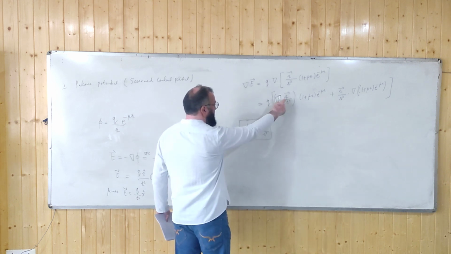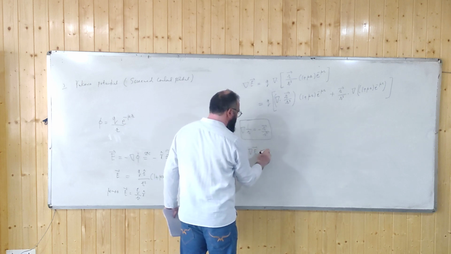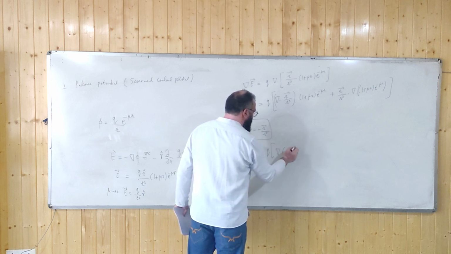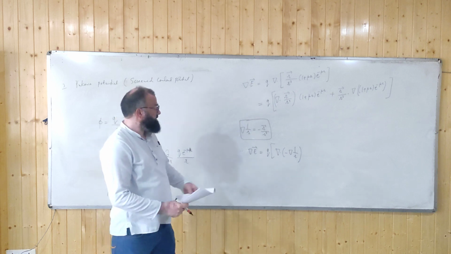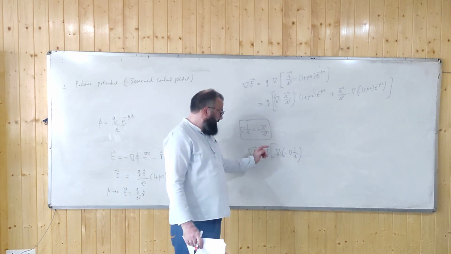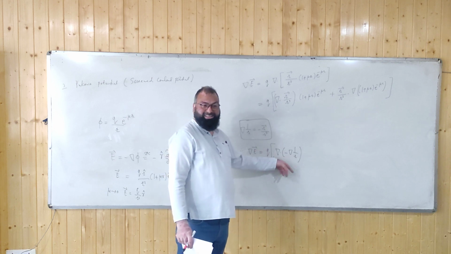Therefore I can write the divergence of E as Q into del dot minus gradient of 1 by r, times 1 plus mu r e raised to minus mu r, plus unit vector r by r square dotted with the gradient of that factor. Instead of r by r cube, I have put it this way because I have just derived the result. What is del square acting on 1 by r? That's a Dirac delta function.